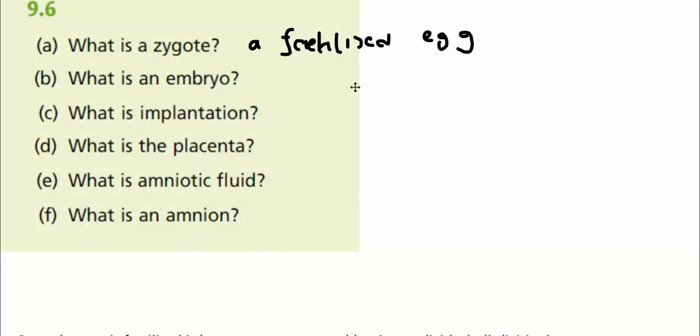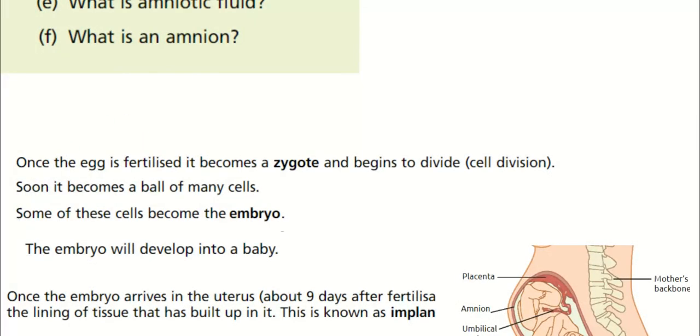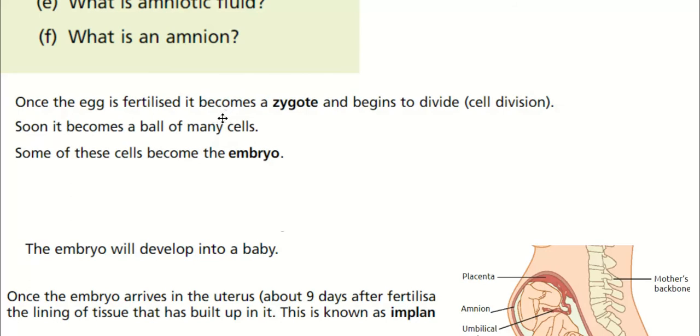Okay, next thing, what is an embryo? So what happens is once the egg is fertilized, it becomes a zygote, and then it begins to divide. Soon it becomes a ball of many cells. Some of these cells become the embryo.